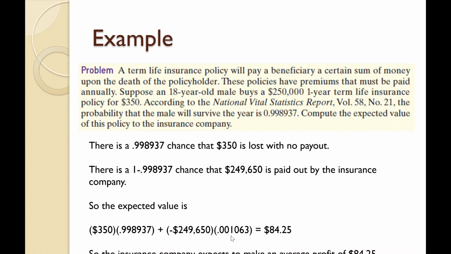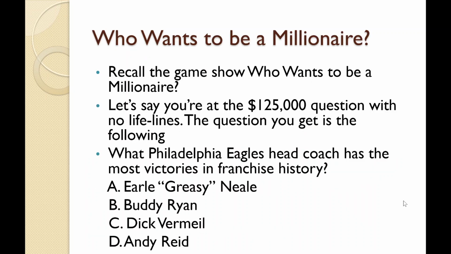Oh, I'm sorry, we're looking at this from the insurance company's standpoint. That's why these are positive and this is negative. So there's an $84 expected income, or average profit, for 18-year-old males. Every 18-year-old male, they expect to make a profit of about $84. So that's how they make their money.